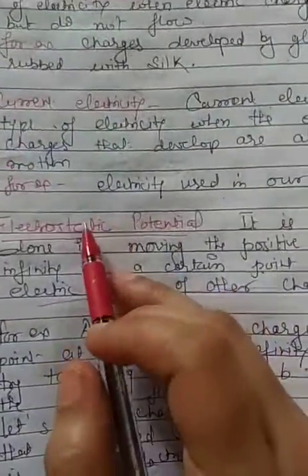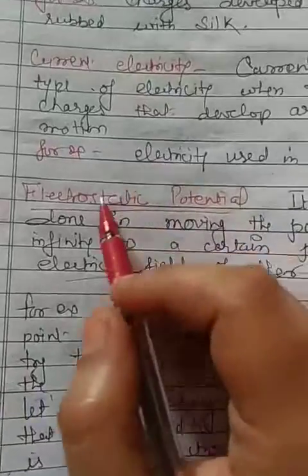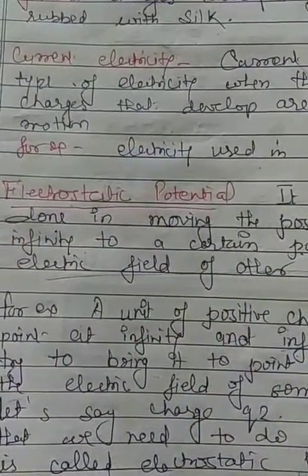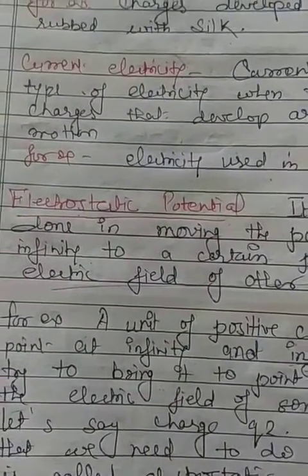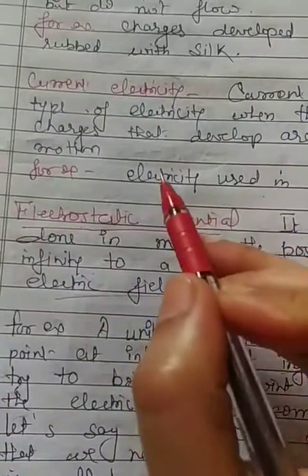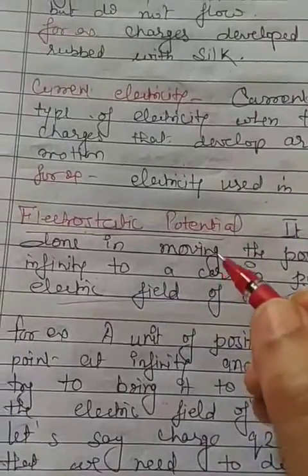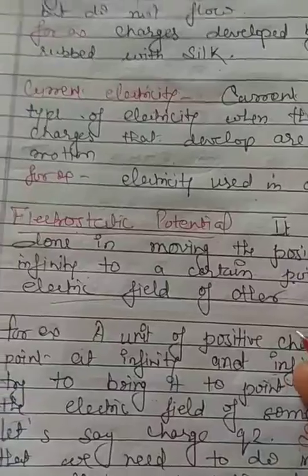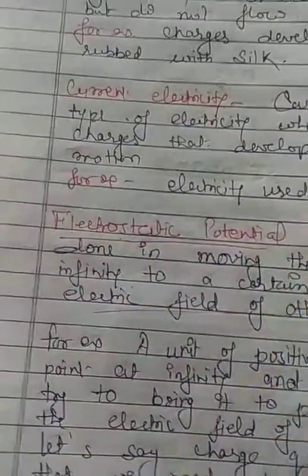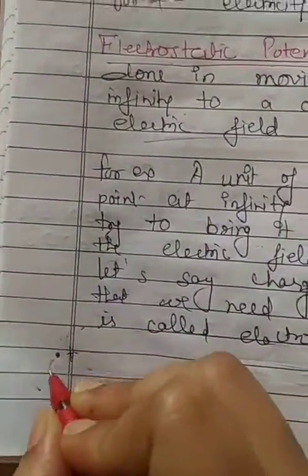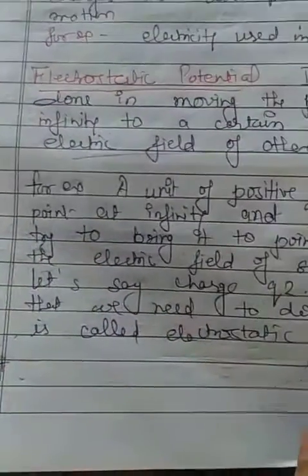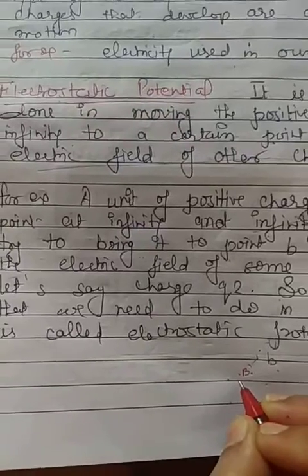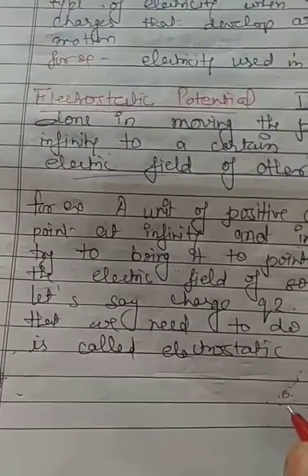Now let's discuss electrostatic potential. What is electrostatic potential? Suppose A is the infinity point and B is a definite point in another electric field.